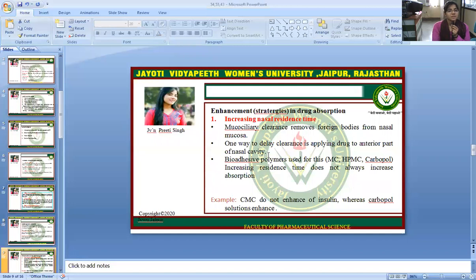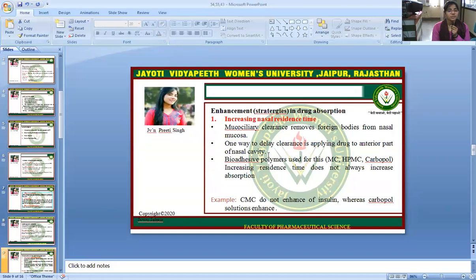So the enhancement strategies in drug absorption in the nasopulmonary route. The first one is increasing nasal residence time. The mucociliary clearance removes foreign bodies from the nasal mucosa. One way to delay clearance is applying the drug to the anterior part of the nasal cavity.